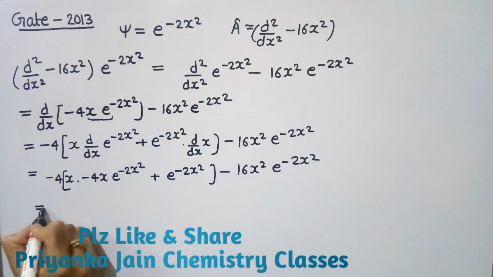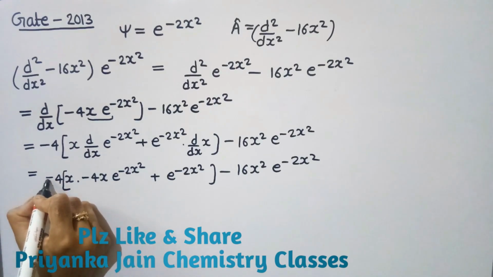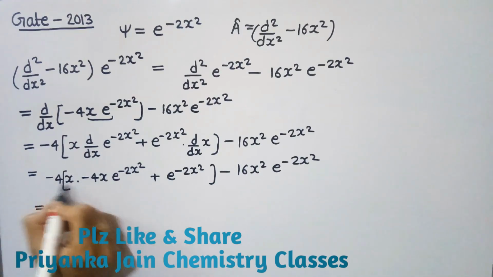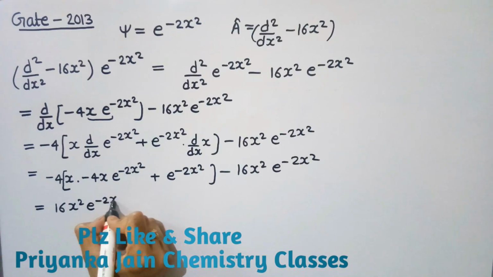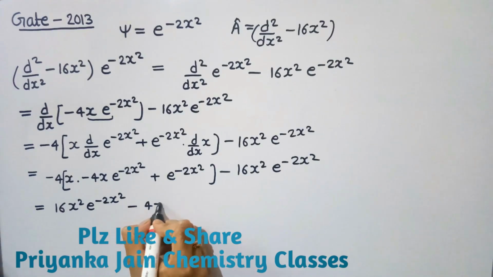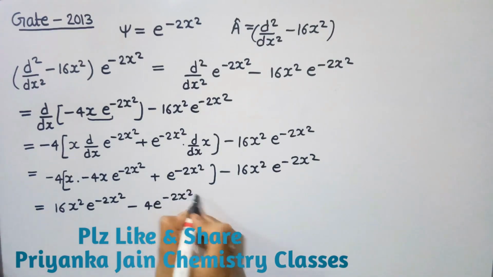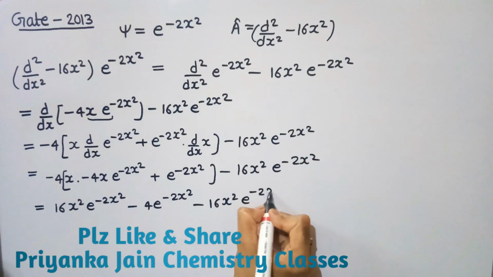Okay, and now open this term. So it will be equal to this minus and minus plus, so 16x square e to power minus 2x square, and this will also become minus sign, so it will be equal to 4 e to power minus 2x square minus 16x square e to power minus 2x square.